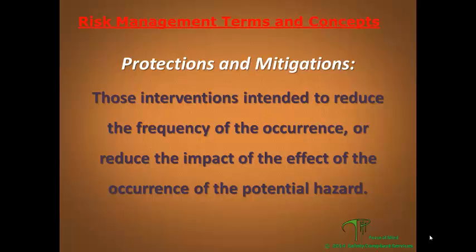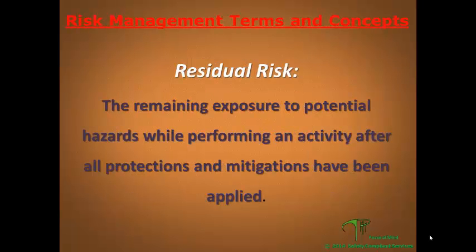They are those interventions intended to reduce the frequency of the occurrence or reduce the impact of the effect of the occurrence of a potential hazard. The last one is that of residual risk. They are the remaining exposures to potential hazards while performing an activity after all protections and mitigations have been applied.